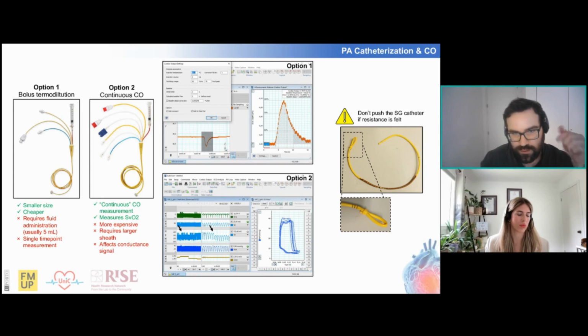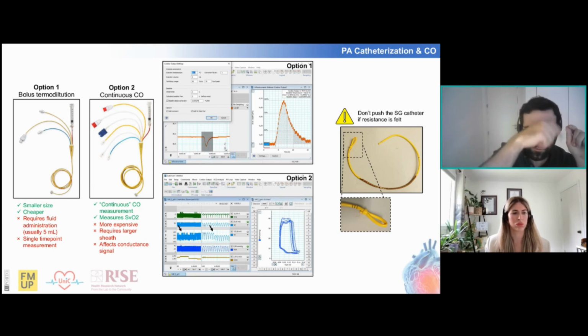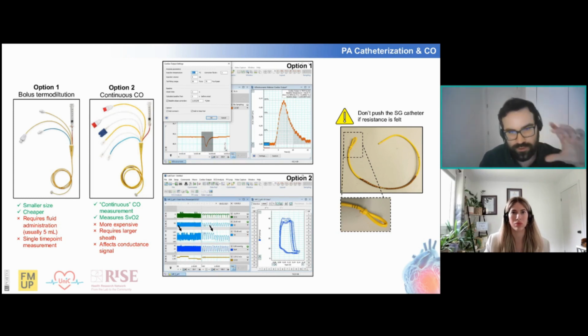So when it is on, it does affect the conductance signal of the electrodes that are located closer to the thermistor. But you can just stop the recording of the cardiac output during those few moments of baseline and IVC and hypertonic saline recording, and then turn it back on again just to make sure that your cardiac output did not really change. But yeah, we only see interference in those cases.